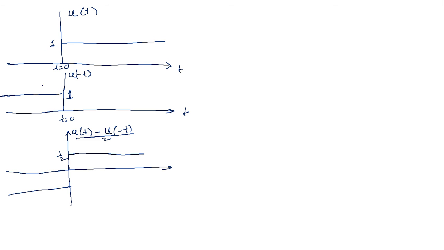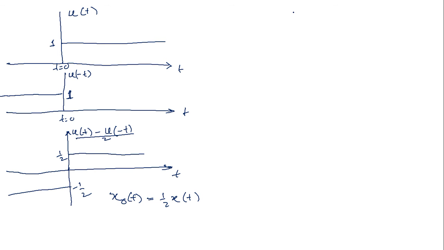Here also 0 minus 1, divided by 2, so it is minus half. So I can say that x odd of t is equal to half of x of t.